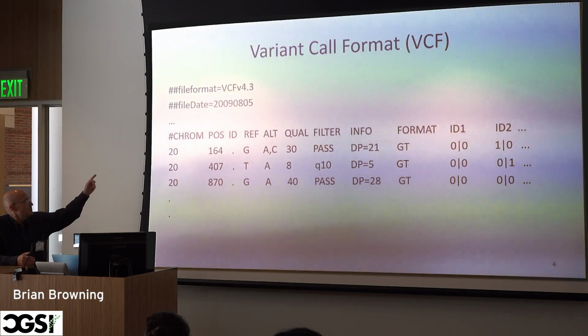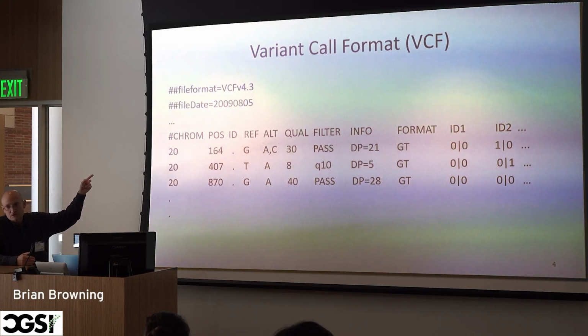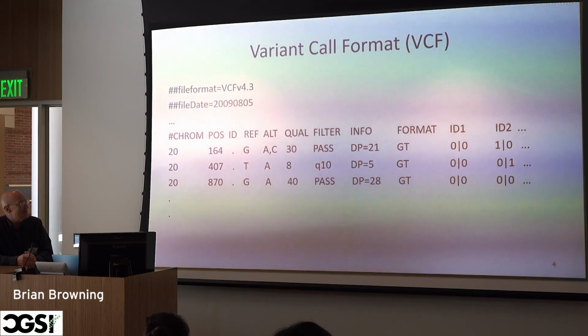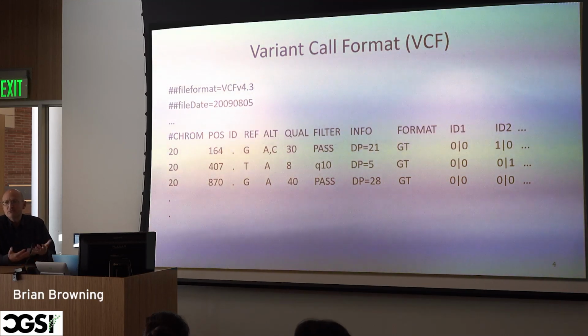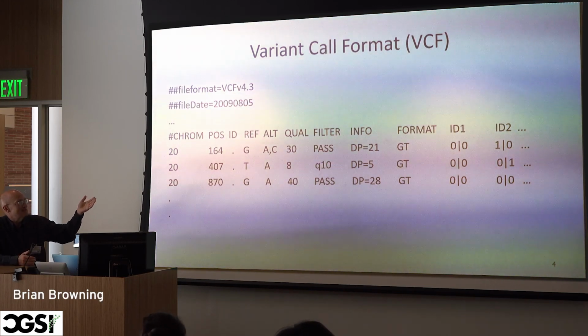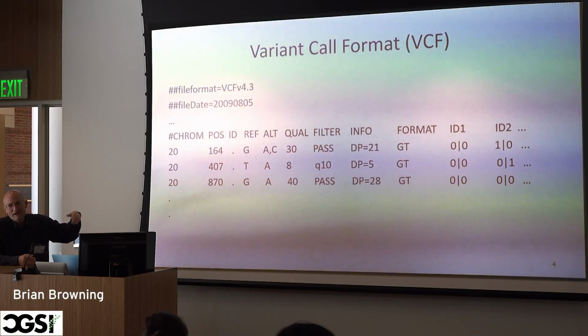The next type of line is the sample line that has a hash and starts with CHROM. These essentially give column identifiers for everything that follows. The first 8 identifiers give you site level information. So you get the chromosome in the first column, the position in the next. Here the ID is missing data, but if you have a SNP identifier, you could throw it in that third column.